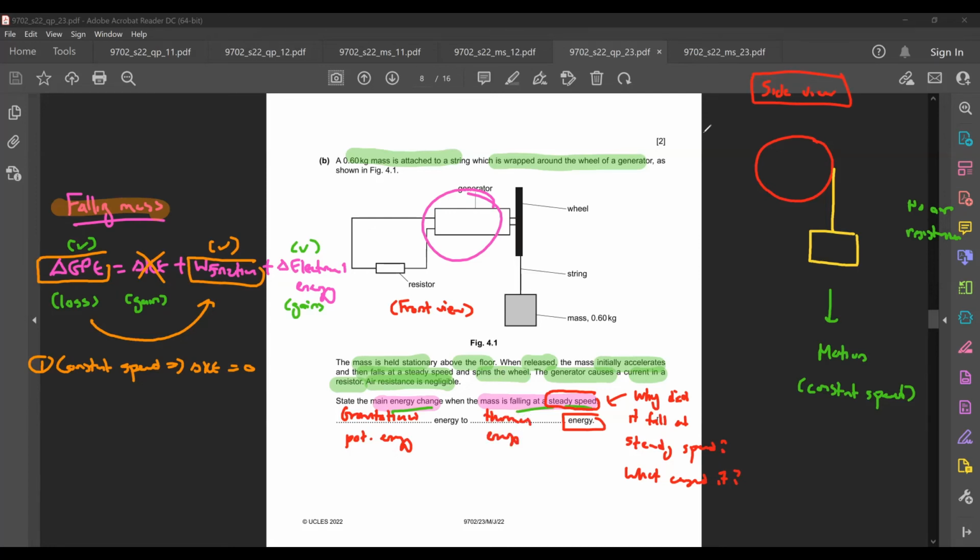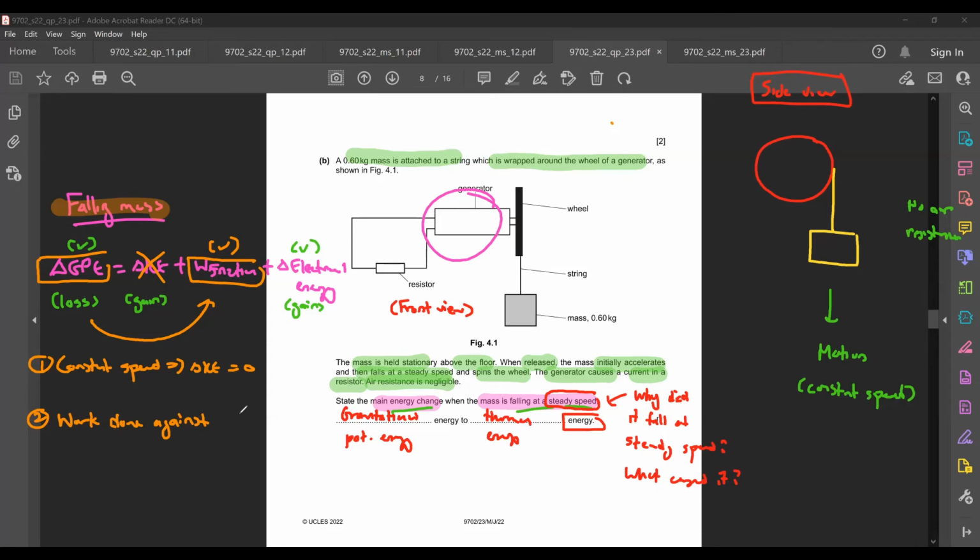Okay, so what I can probably say here is this. The majority, if you do, maybe I don't like this now. Work done against friction.